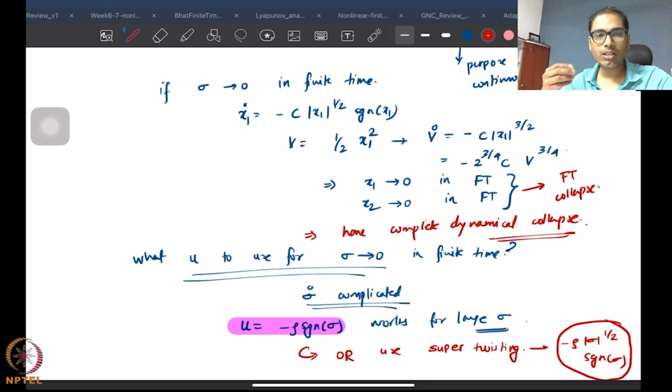Super twisting control is one of the really cool developments in sliding mode control, which gets rid of chattering very efficiently. And this can be combined with the disturbance determination scheme to get to the sliding surface.